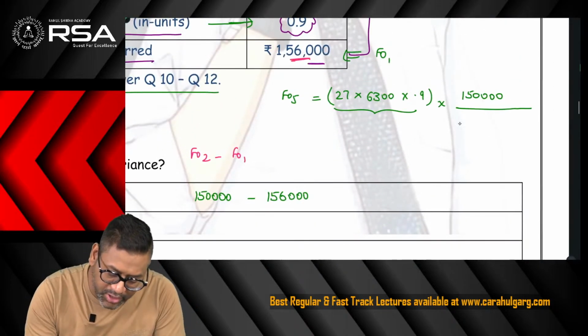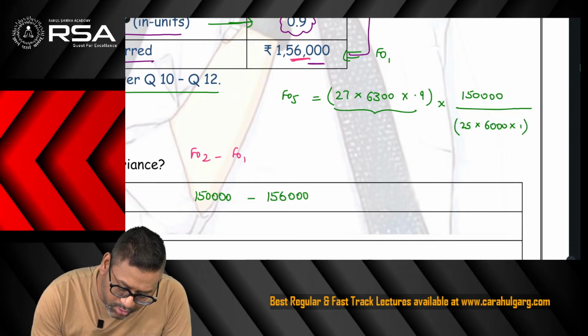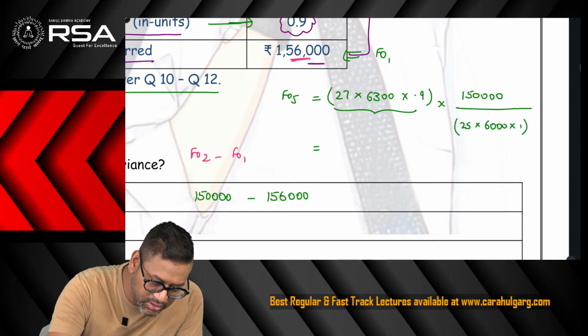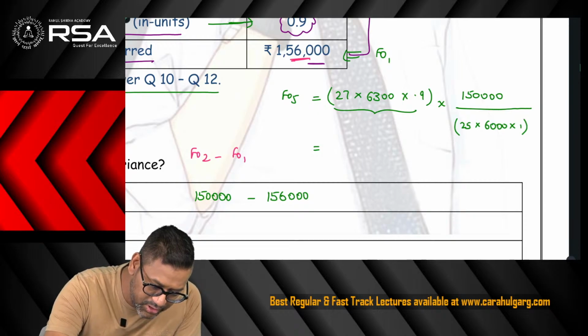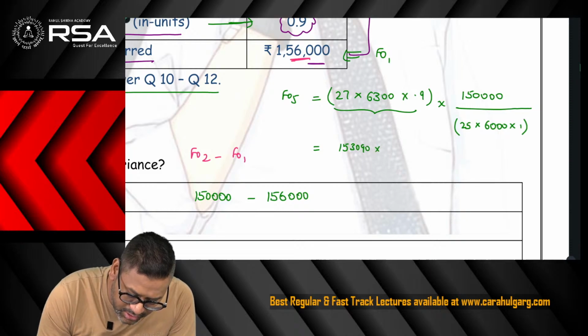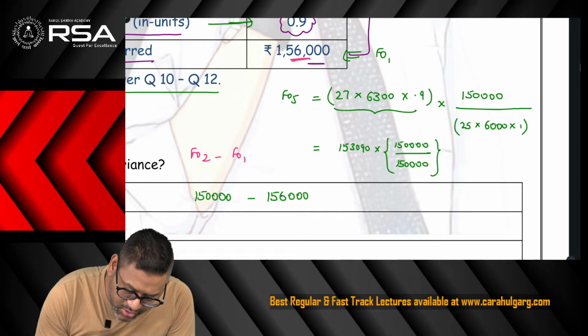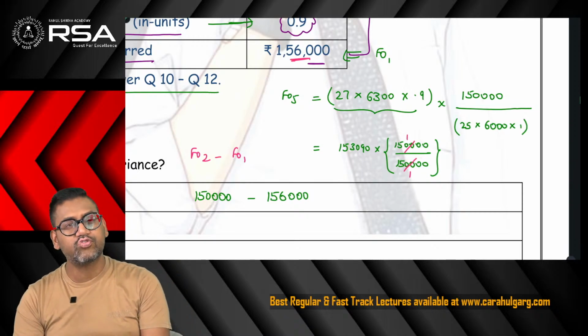So in the denominator you will have your budgeted output. So if we see 6,300 into 27 into 0.9, this value we get is 153,090, and this is 1,50,000 divided by 1,50,000. So this gives you basically the standard fixed overhead per unit of output.